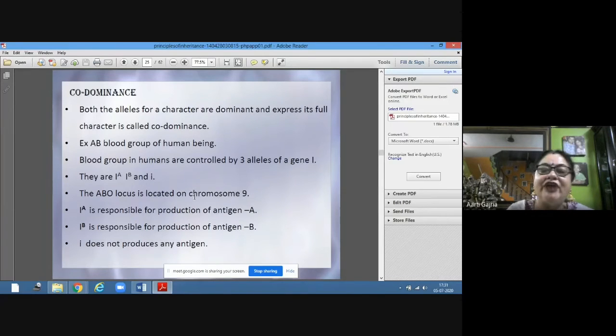So we have one pair of chromosome 1, one pair of chromosome 2, one pair of chromosome 3, one pair of chromosome 4. Similarly, we have one pair of chromosome 9. On this one pair of chromosome 9, this ABO locus is there. Now, this may have only two alleles because two chromosomes are there.